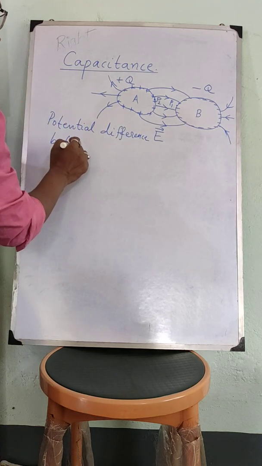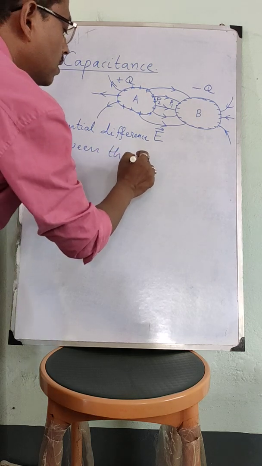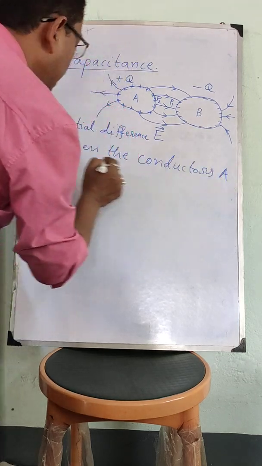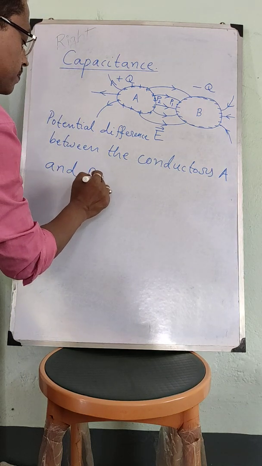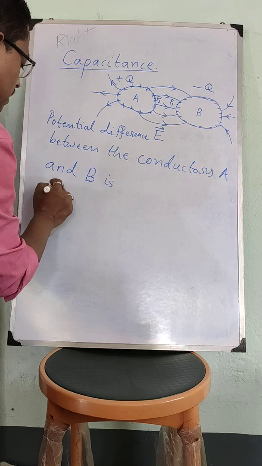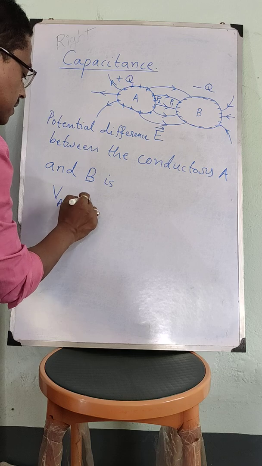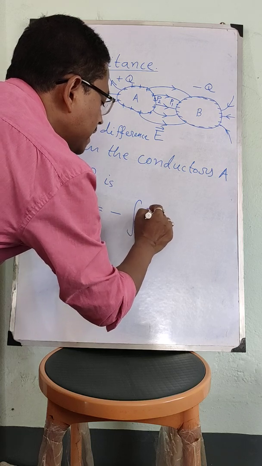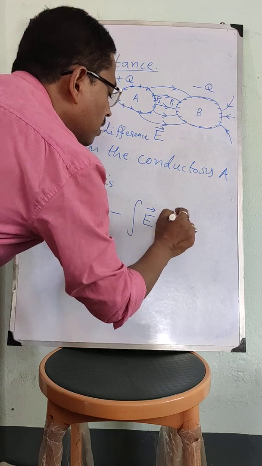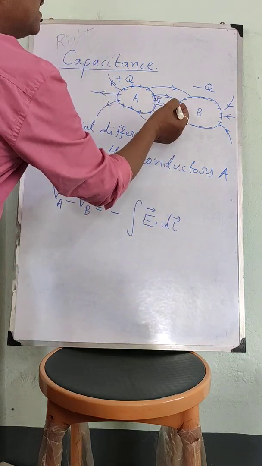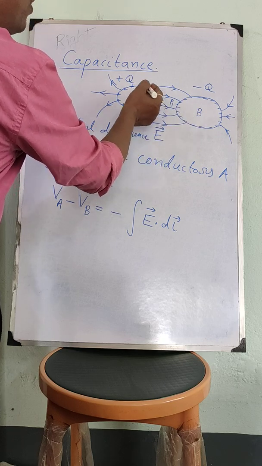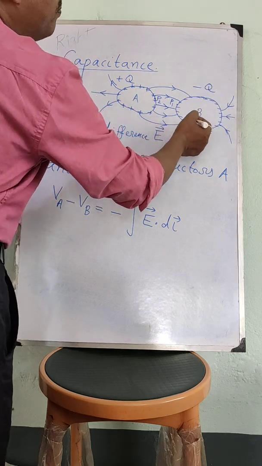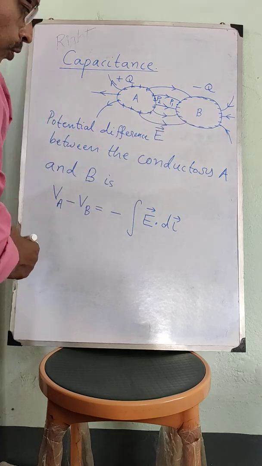So the potential difference between the conductors A and B is VA minus VB, that is equal to negative of the line integration of the electrostatic field, and this line integration is from any point on B to any point on A, because all the points on A are at the same potential and all the points on B are at the same potential, because conductors are equipotential regions.